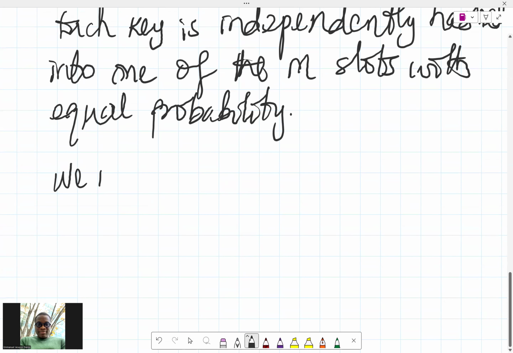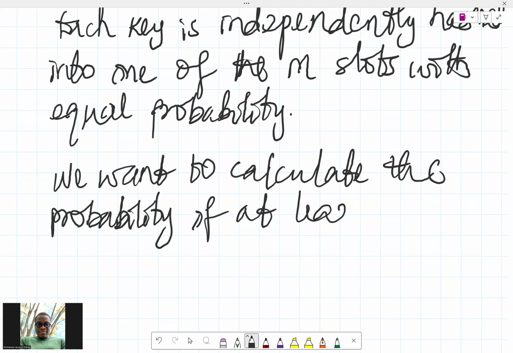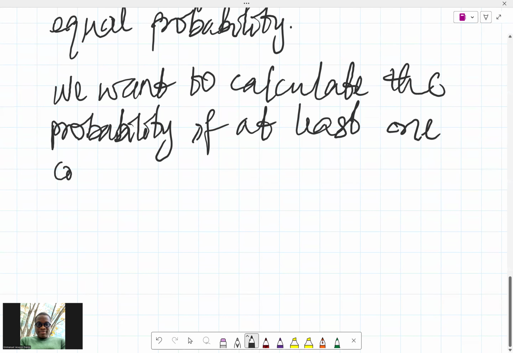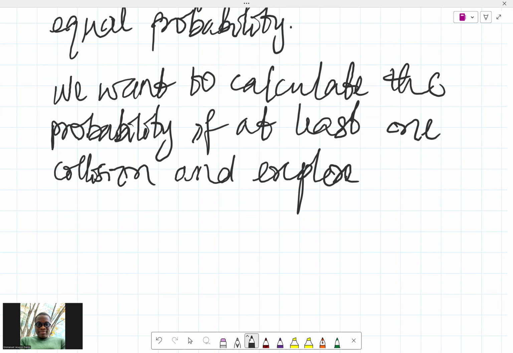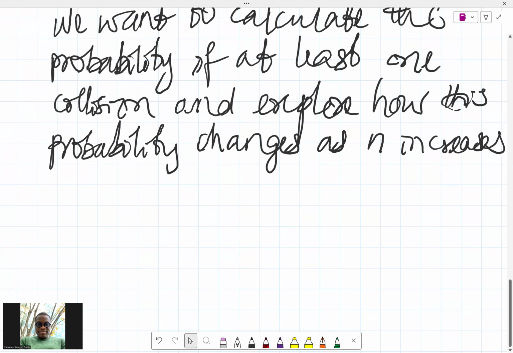Now we want to calculate the probability of at least one collision and explore how this probability changes as n increases relative to m.